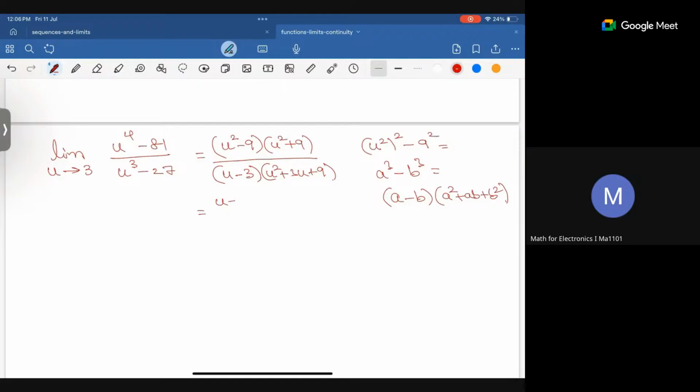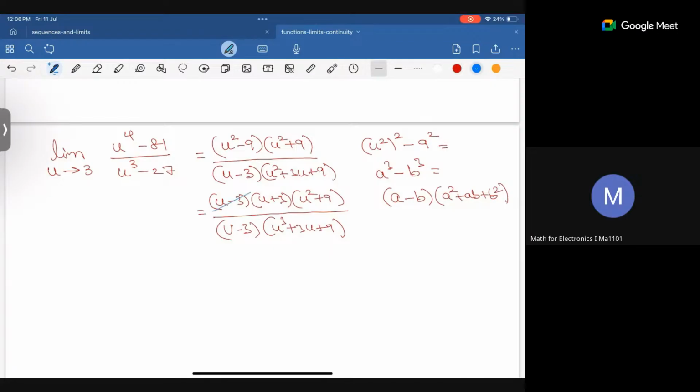I can further factorize it into u minus 3, u plus 3, u square plus 9 divided by u minus 3, u square plus 3u plus 9, right? And this is the possible factorization I can do in the numerator and denominator. Nothing much I can do, right?